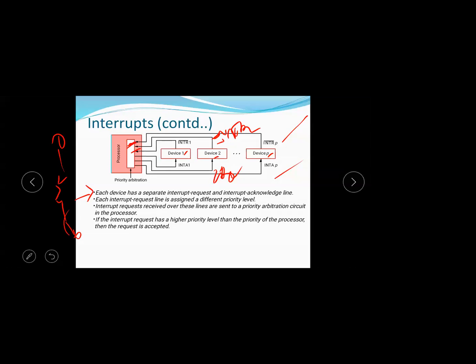Interrupt requests received over these lines are sent to a priority arbitration circuit in the processor. This circuit is called the arbitration circuit. If the interrupt request has a higher priority level than the priority of the processor, then the request is accepted. The processor interrupts the program and accepts the interrupt from the device.